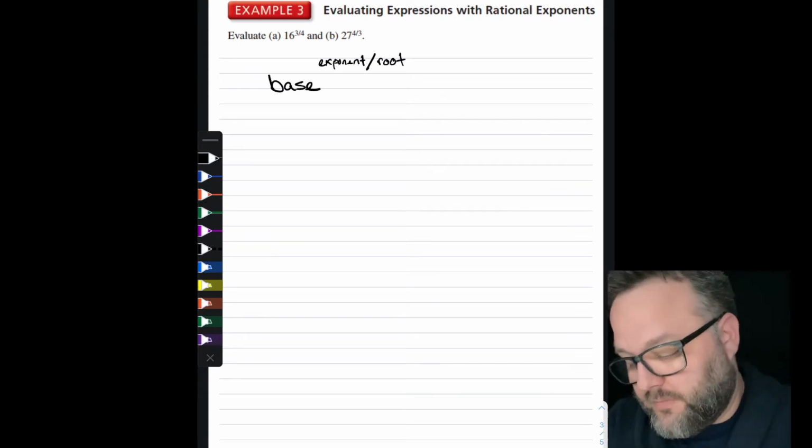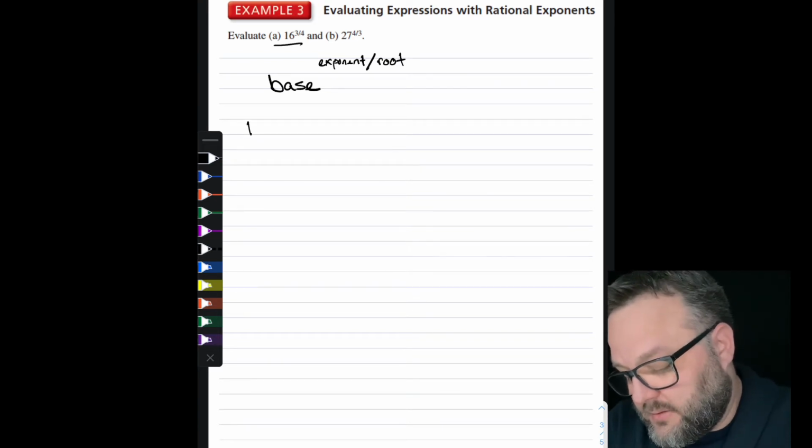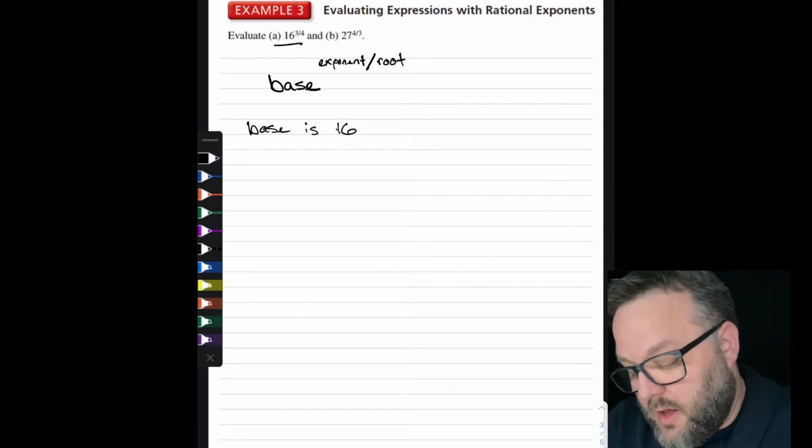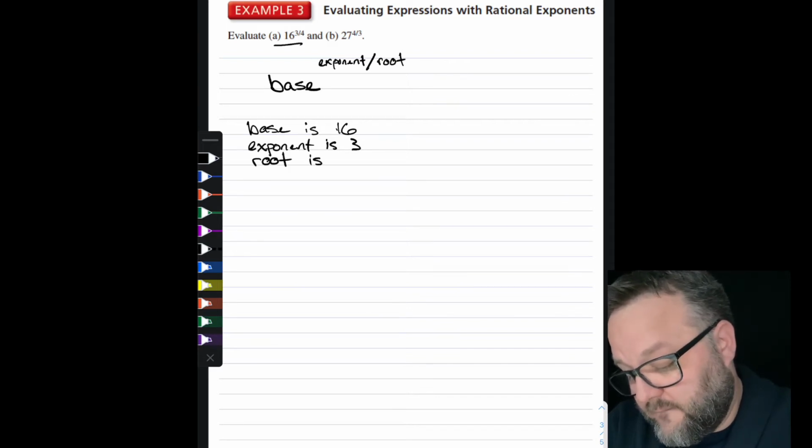Here's what I mean. In problem A, our base is 16. Our exponent is 3, and our root is 4.